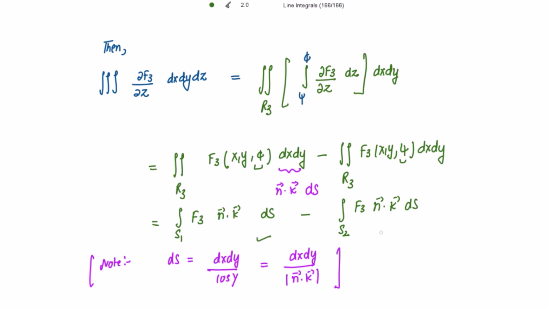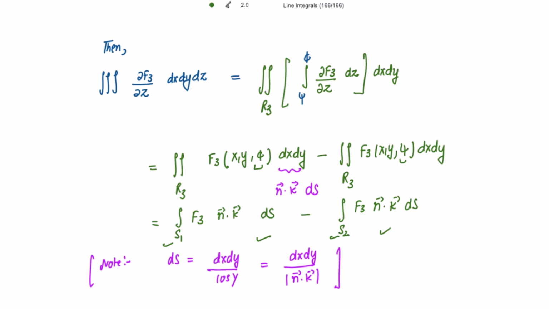Now when we sum up these two integrals, we go back to our integral over S, because the surface S is divided into two parts, S1 and S2. The integral over S2 will change the sign, but the magnitude remains the same.